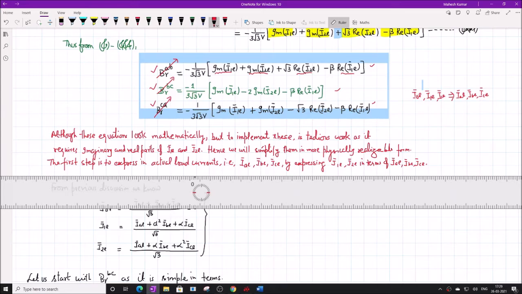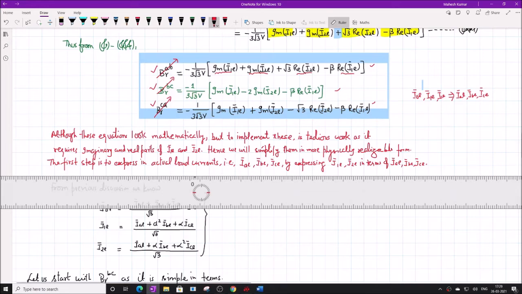Once we resolve into positive, negative and zero sequence components, we have conditions to set the compensation objectives. Once they are established, we have expressions, and again we can convert back into the ABC parameters.